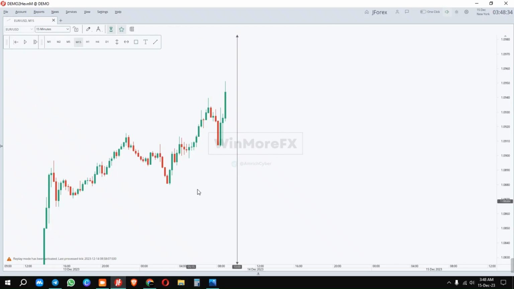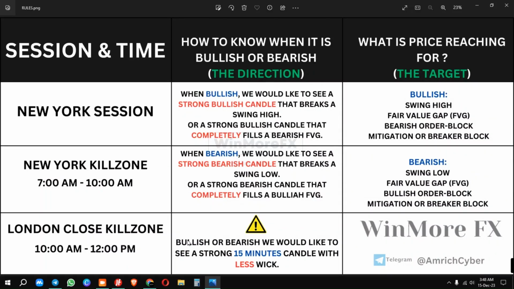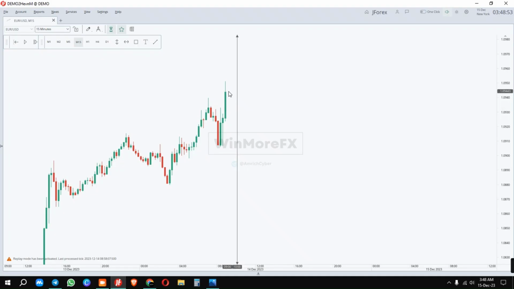And you can see we have a strong bullish candle that breaks a swing high. So when price does this, we are bullish. And note this too. Bullish or bearish, we would like to see a strong 15 minutes candle with less wick. So now we know the direction.